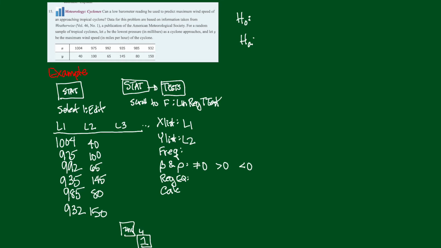So I'm going to say that rho, now that's the parameter that we use, a Greek letter, is not 0, right? That means that rho, the correlation coefficient, is not 0, which would mean that there is a correlation, right? Remember, if we're far enough from 0, remember how this goes.